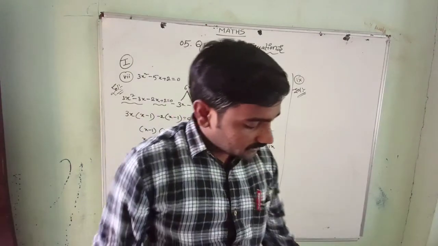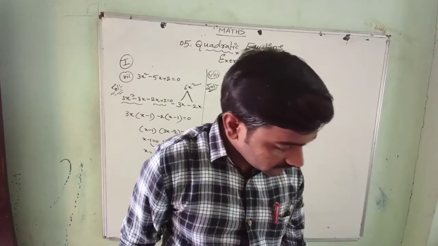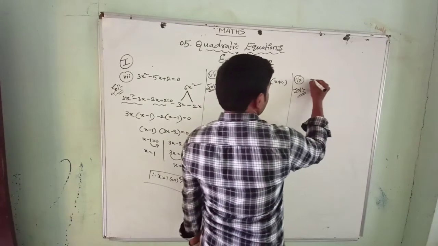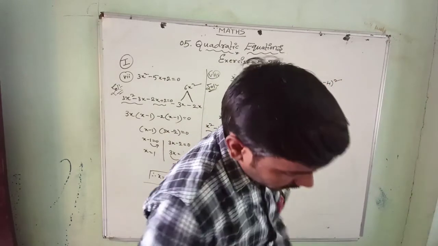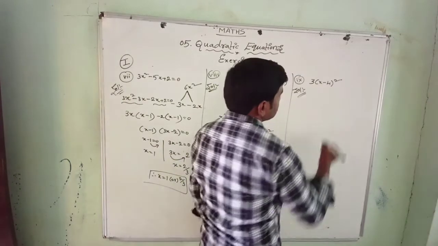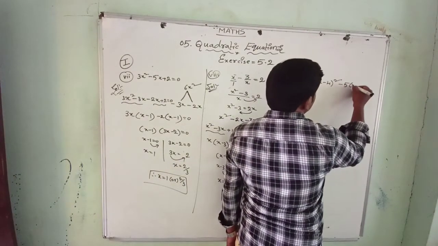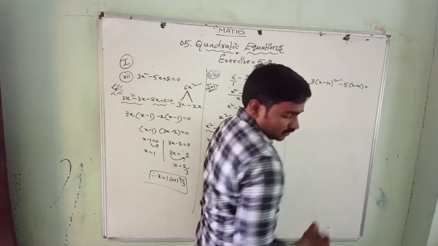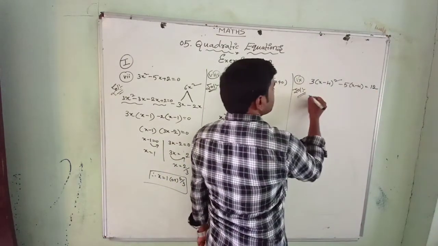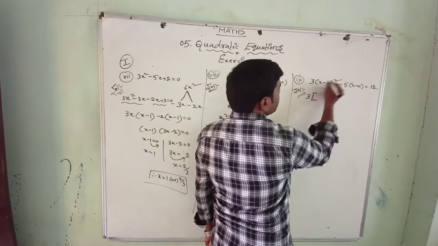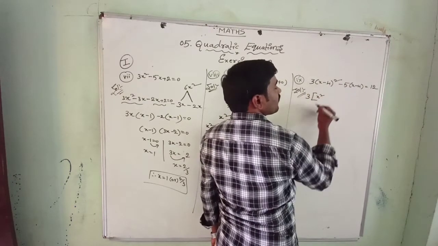That is 3 of x minus 4, 3 of x minus 4 whole square, minus 5 of x minus 4 equal to 12. So here 3 into x square, a minus b whole square form.